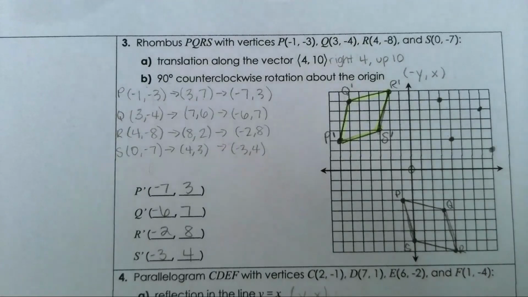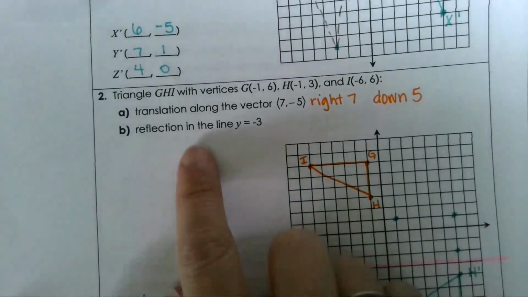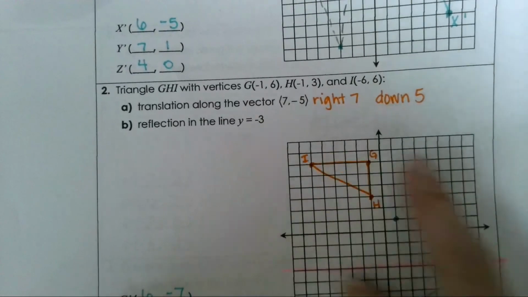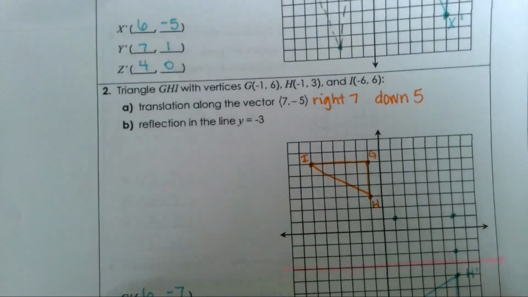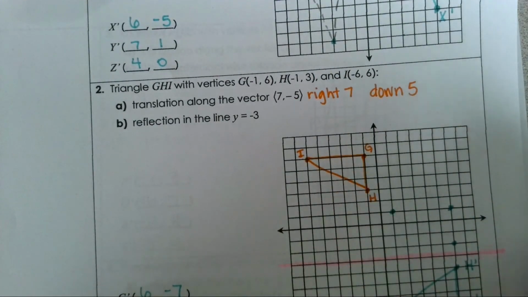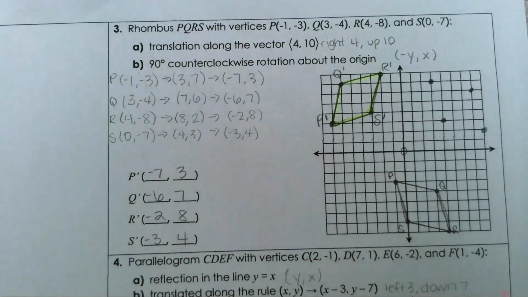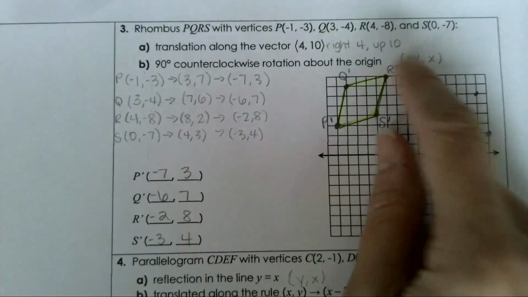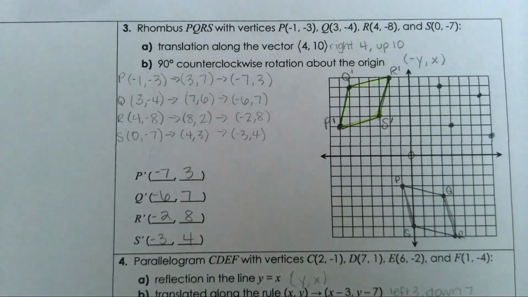For example, the last problem that we did, when we had to do this reflection over the line y = -3, there's no easy coordinate rule for that. So then it's easier to do it by going one point at a time and doing one after the other. But if you're just dealing with translations and your reflection is an easy one to do, or especially if it's a rotation where we know what the coordinate rule is, I would recommend doing it this method.